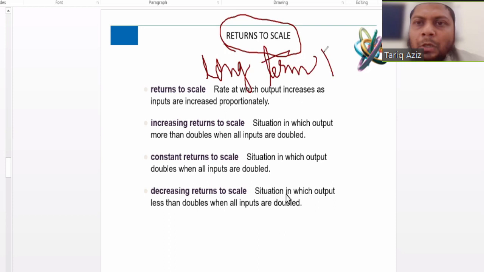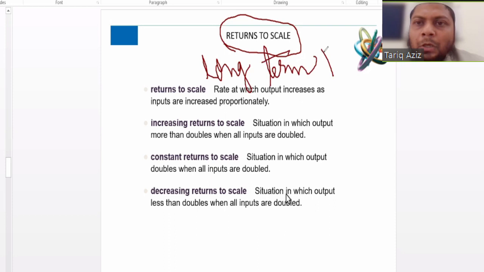Just to recapitulate what we have discussed till now: first we started with the short-run production function, and we talked about the law of diminishing returns, in which we saw different curves.